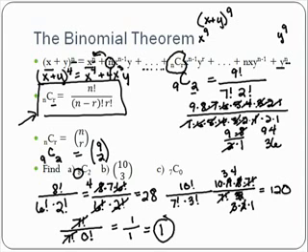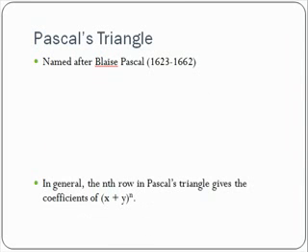All right, let's move on then. Another way to get the coefficients of the binomial expansion is using Pascal's triangle. And this was named after a famous mathematician who lived a long time ago. But this triangle has all kinds of applications.